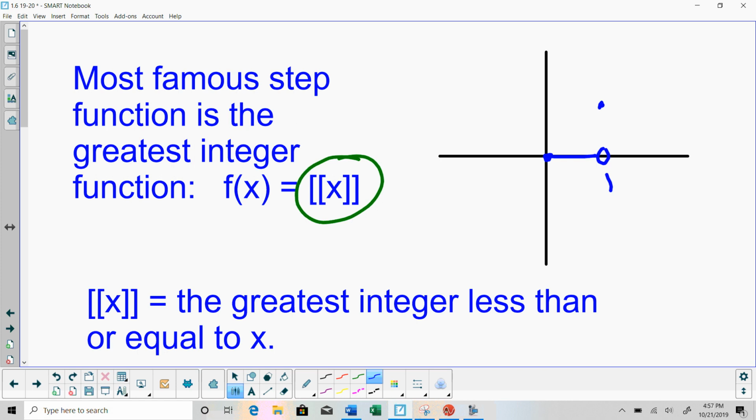And at 1, the graph jumps up to a height of 1. And then it's going to be a horizontal piece again until we get to an x value of 2, and at that point, it jumps up to 2. And this pattern just keeps going. Same thing, if I pick a number that's just slightly less than 0, it's going to drop down to negative 1. So I'm going to have a hole in the graph at (0, -1), and then it's going to go to a point at -1. And so this is what the graph is going to look like.